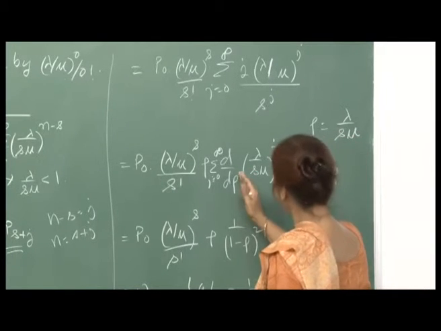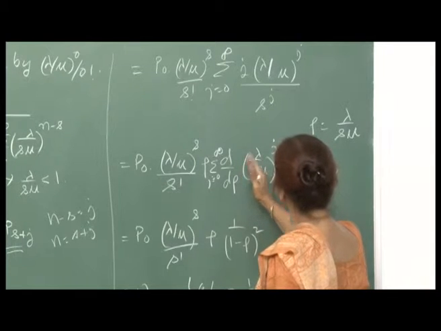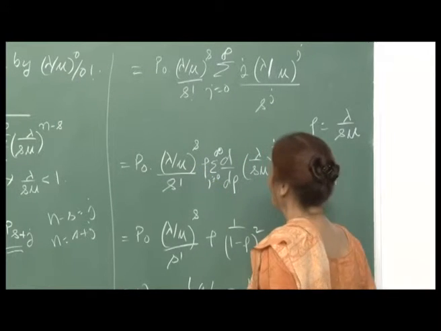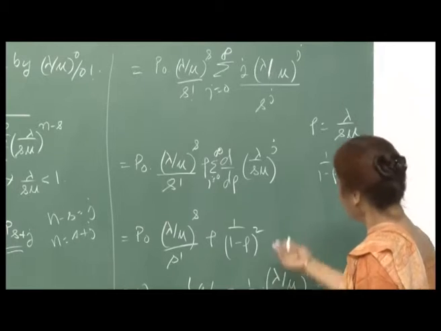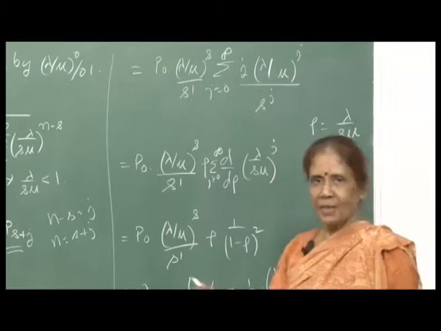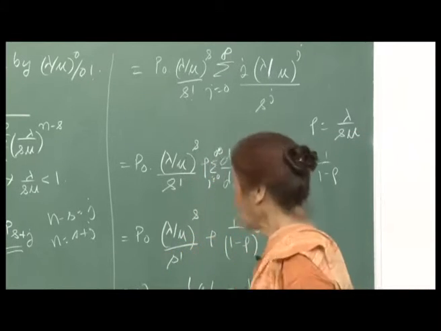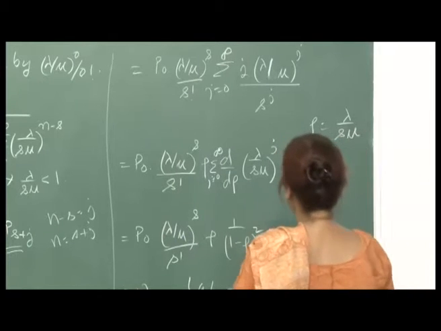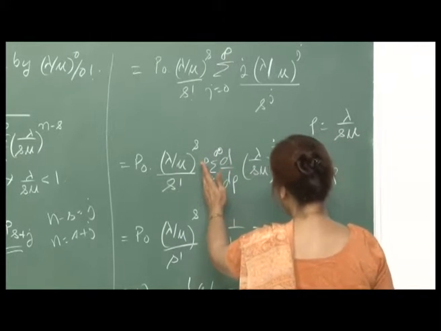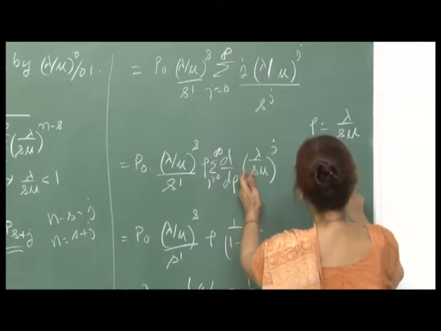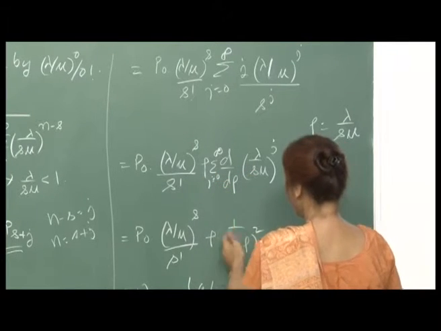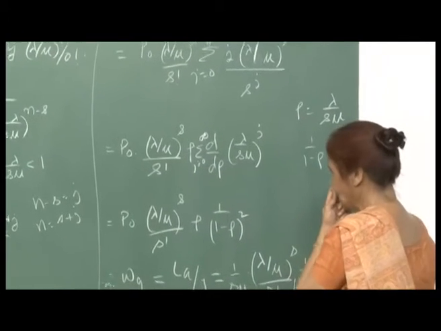What I should have done is first write the derivative inside and then take it outside, because it is a convergent series. So, you can interchange the summation sign and the derivative sign. Now I take the derivative outside, then this sums up to 1 upon 1 minus rho, since it is a geometric series, and the derivative gives me 1 upon (1 minus rho) whole square.